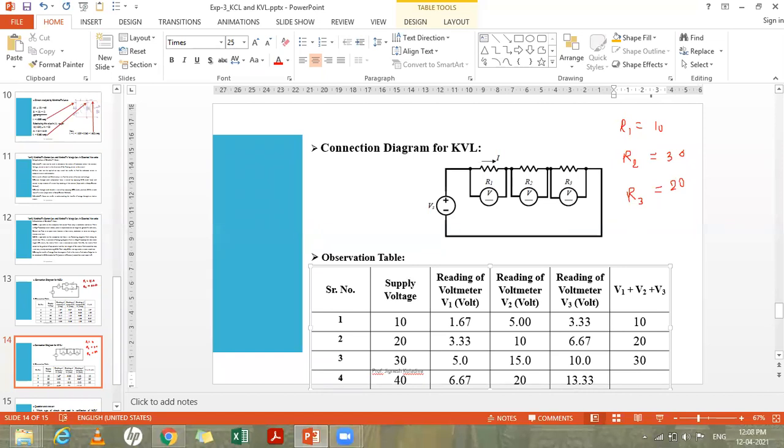Fine. And if we do the summation of all these voltages, we will get 40.